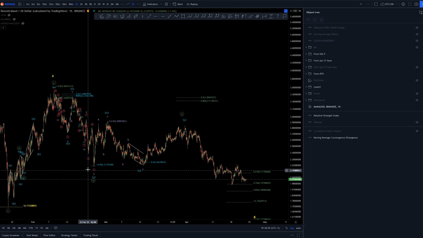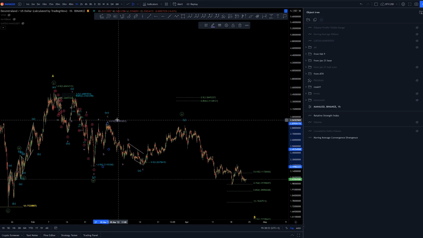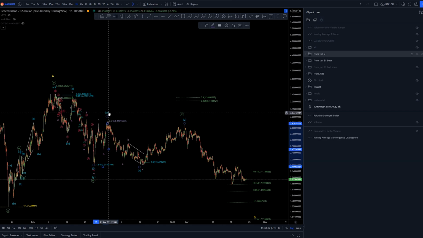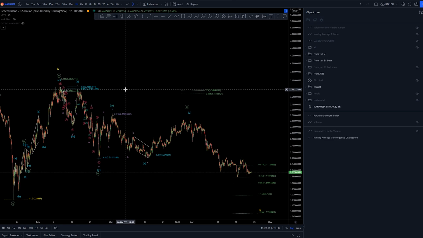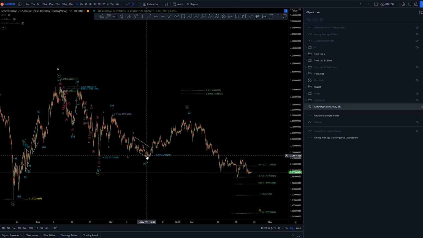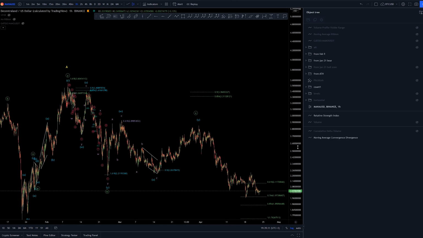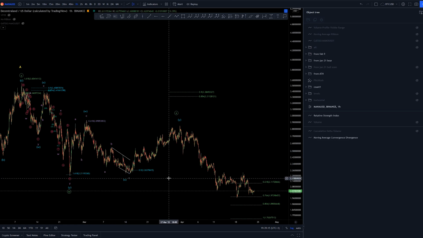Then at that point I've labeled this as ABC. The C wave is hitting the 0.618, which is the minimum target for a zigzag of that A wave. That is bringing us to wave W, and here again another ABC. Last leg is a super weird looking diagonal, and it is valid but is definitely not looking good.